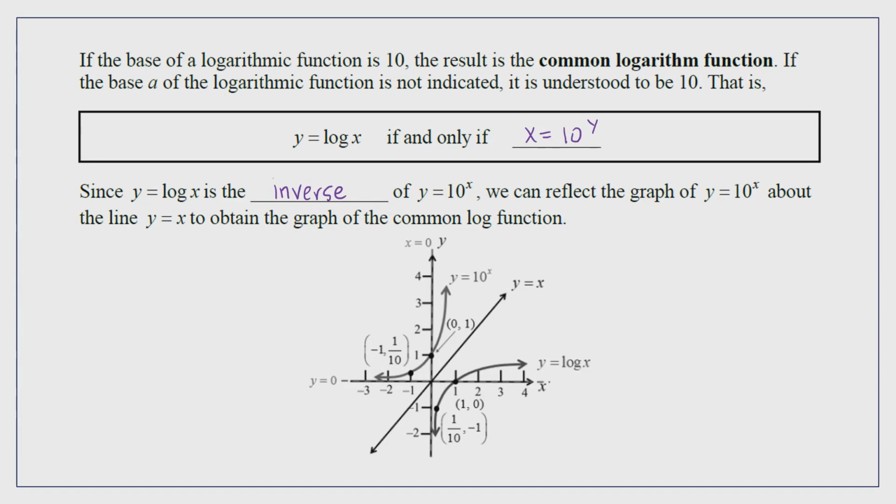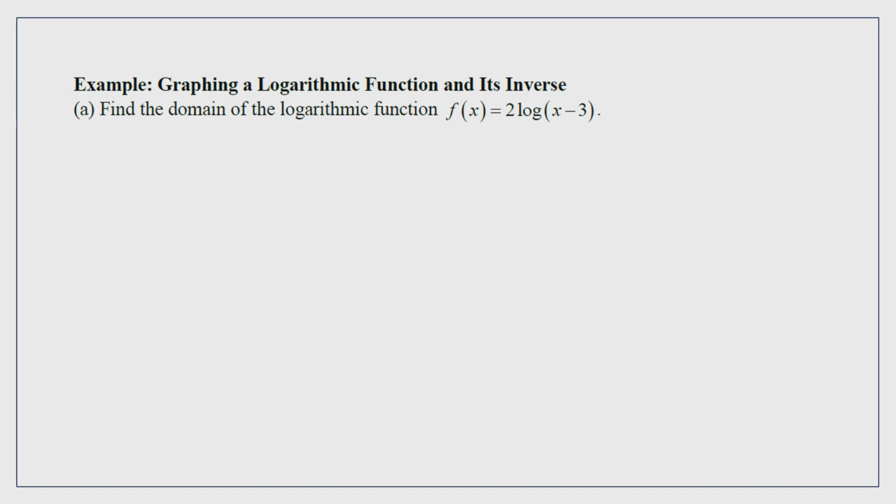The one that we just did was called the natural log. Okay. So here we're asked to graph this function f of x equals 2 times the log of x minus 3. First, let's find the domain. Just like all log functions, our domain must be positive real numbers, which means that x minus 3 must be greater than 0.